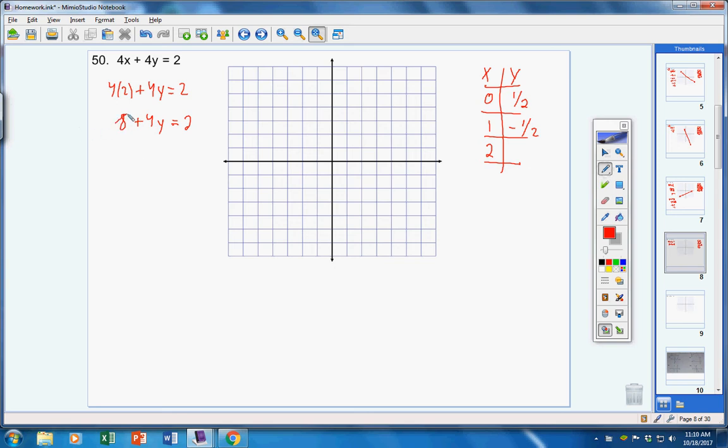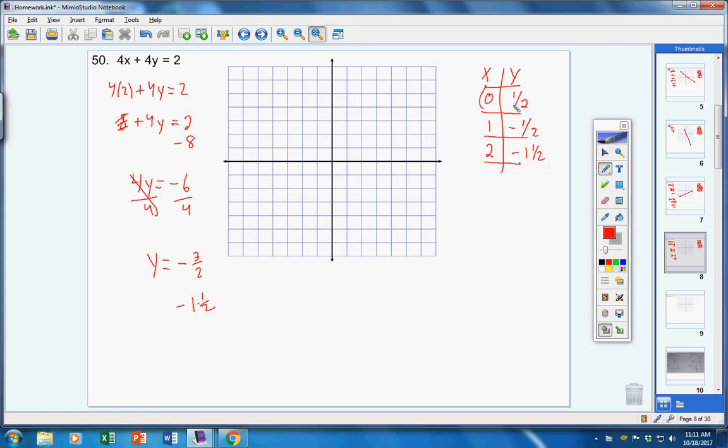So next, students, bring the 8 over, make it a negative 8, and we're left with 4y equals negative 6, divided by 4, and we're left with negative 6 over 4, which is negative 3 over 2 if you reduce it, which is negative 1.5. Okay?